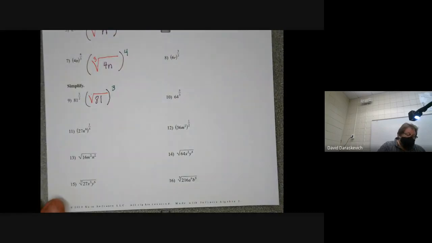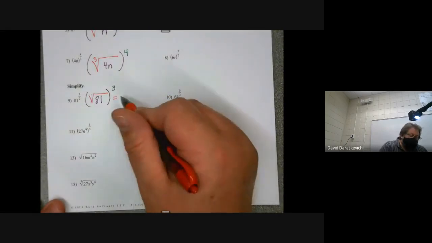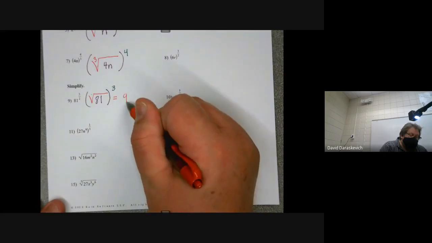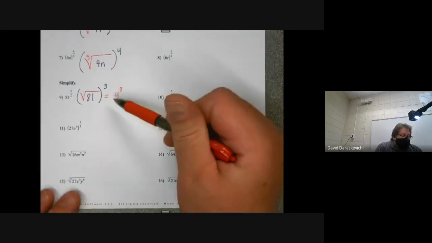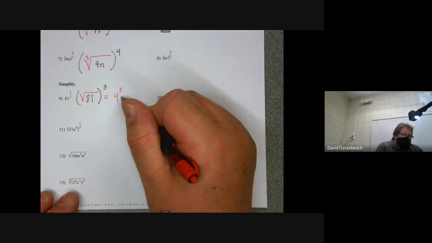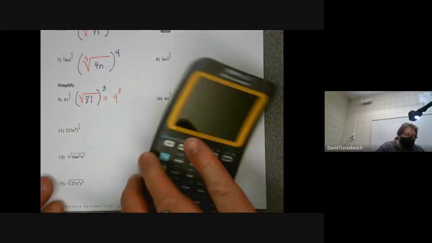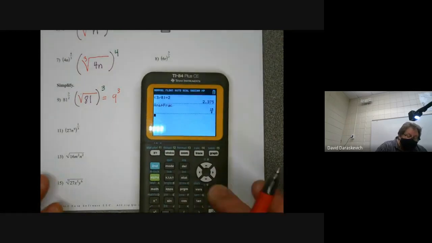So let's simplify this. This we can pretty much do. Square root of 81 is 9 cubed. Okay. So this means it's 9 times 9 times 9. Yikes. I might have to use a calculator. I haven't had my coffee.